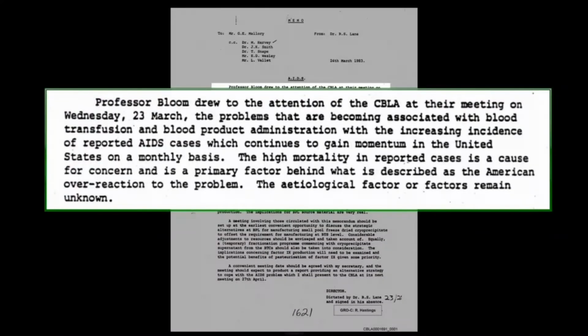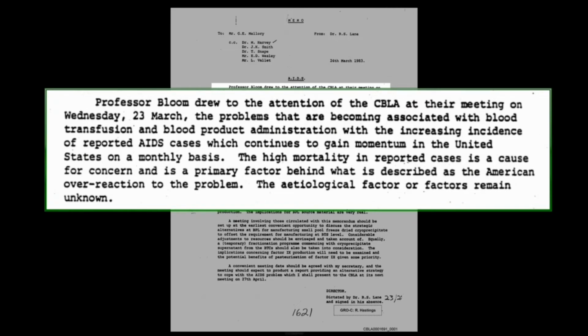Professor Bloom drew to the attention of the CBLA at their meeting on Wednesday, the 23rd of March, problems that are becoming associated with blood transfusion and blood product administration with the increased incidence of reported AIDS cases, which continue to gain momentum in the United States on a monthly basis. The high mortality in reported cases is a cause for concern and is a primary factor behind what is described as the American overreaction to the problem. The etiological factor or factors remain unknown.